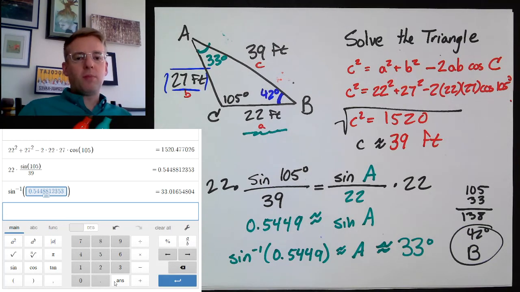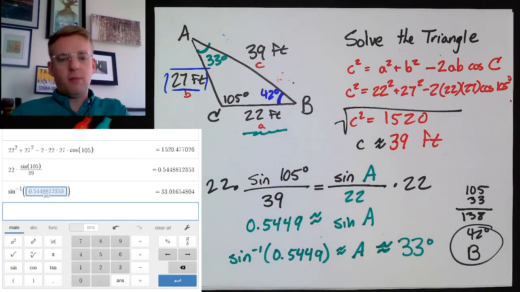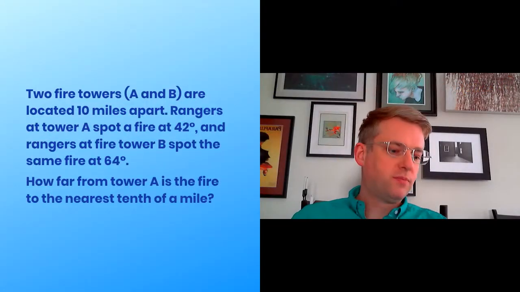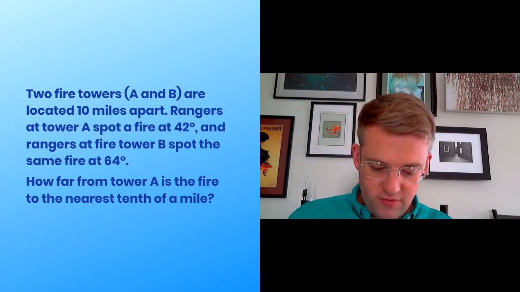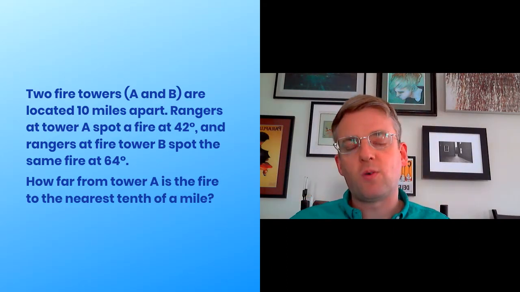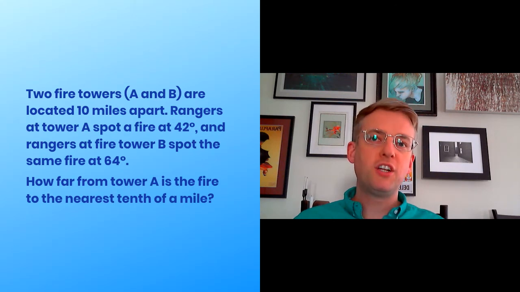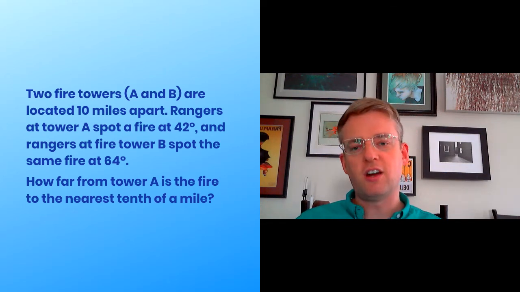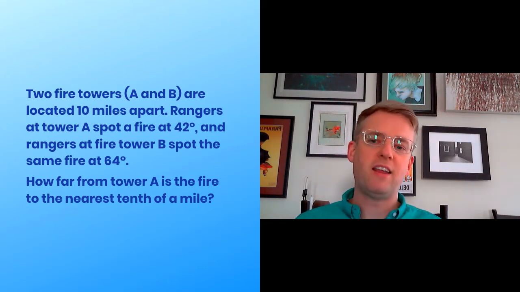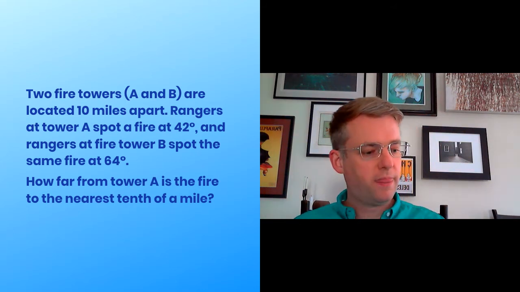Now, a proper problem done in context is one that actually talks about a story in words. So the law of sines is part of doing triangulation. If you know the direction from two different locations, and you know the distance apart those two locations are, you can find the spot and how far away it is from those two locations.